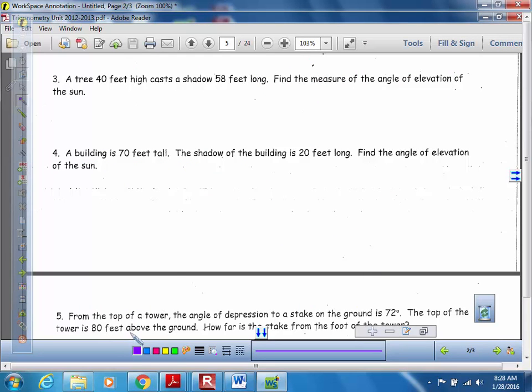So in number 3, it says a tree 40 feet high casts a shadow 58 feet long. So let me go ahead and draw my tree. I should probably draw it on 3.